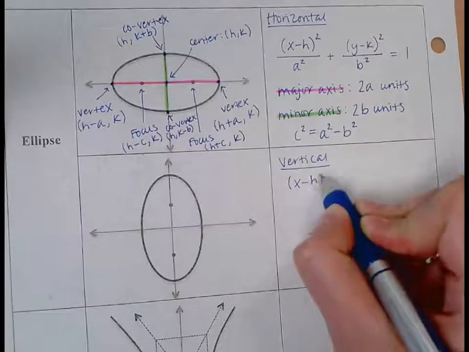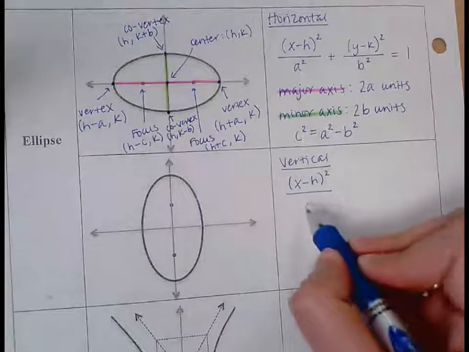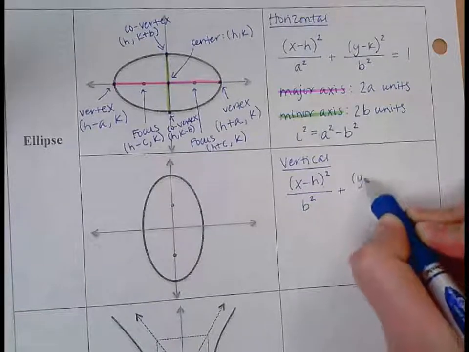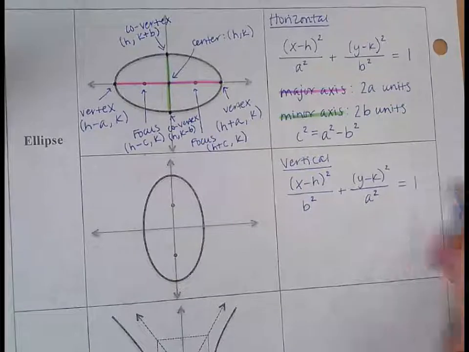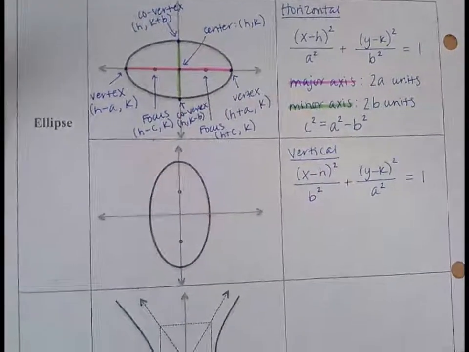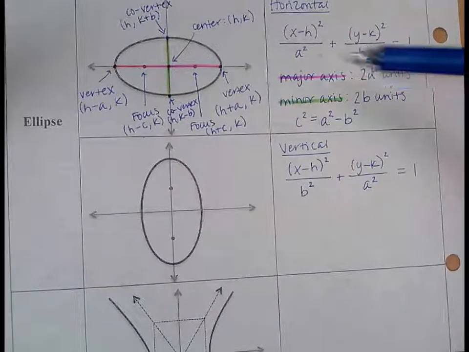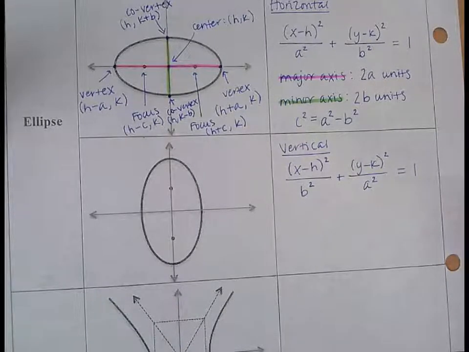It's still x minus h quantity squared over, but now the x minus h quantity squared is over b squared, plus the y minus k quantity squared is over a squared, still equal to 1. Okay, so the difference between the two, what I want you to notice, between A, B, and C, A should always be the largest value.